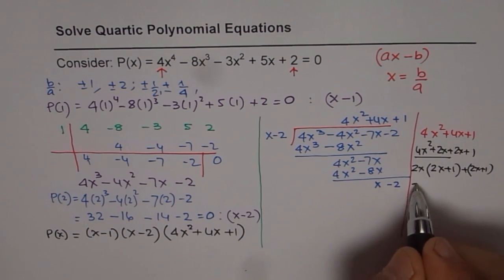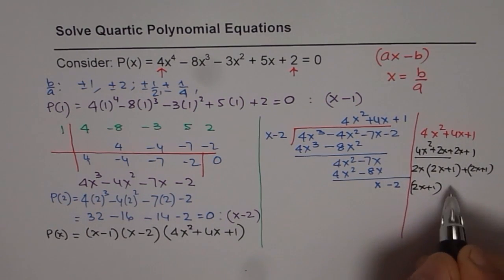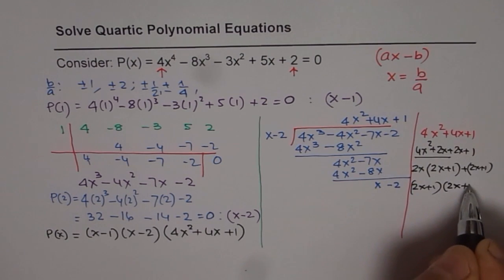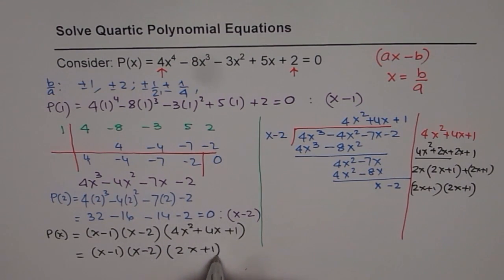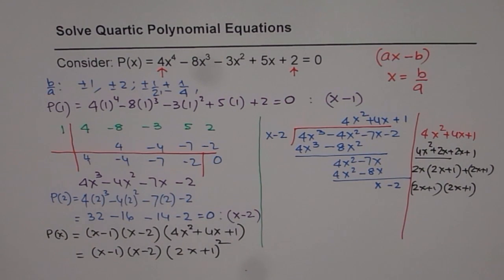So we can take 2x plus 1 common, and we are left with 2x plus 1. So it is basically 2x plus 1 whole squared, which I could have written directly, correct? 1 squared is 1, and 2x whole squared is 4x squared, 2 times this. Good job. So we have this as x minus 1 times x minus 2 times 2x plus 1 whole squared, right? So that is how we can factor our polynomial, correct?